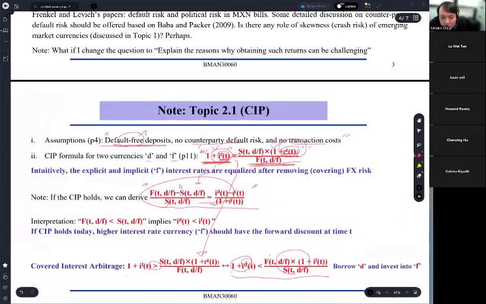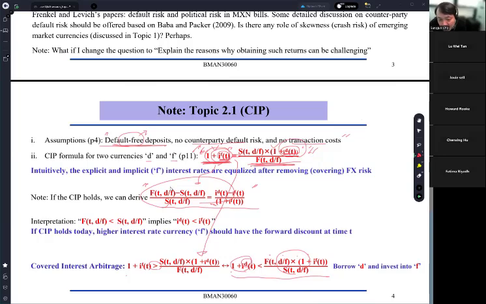So what I'm trying to say is that when you try to think about the law of one price, it should be really the same price. For the CIP case, both should be risk-free investments, or both should be investments with the same risk.